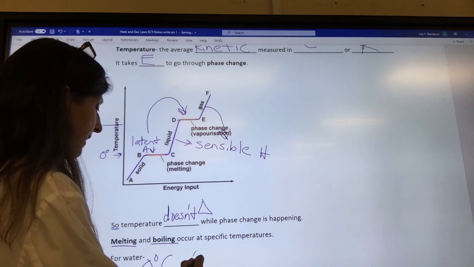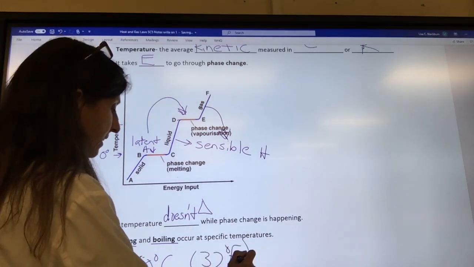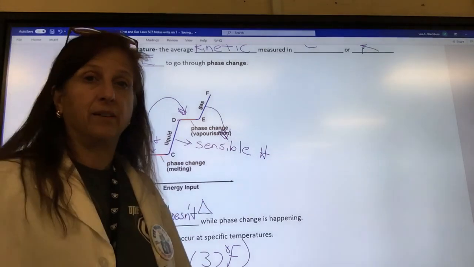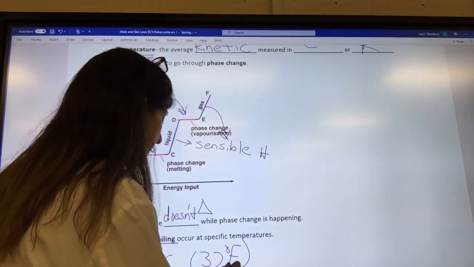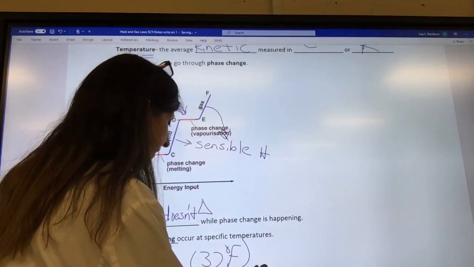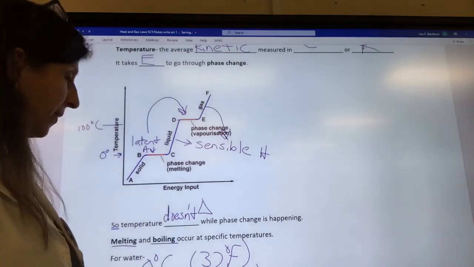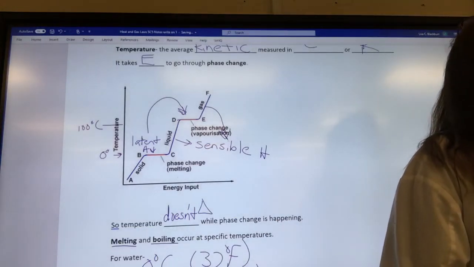And we already said that's 32 degrees Fahrenheit. But we don't use Fahrenheit in science class, I just tell you so you have a frame of reference. And boiling is at 212 degrees Fahrenheit. Now, there are some things that have to do with pressure and all that, but we're not talking about that right now.